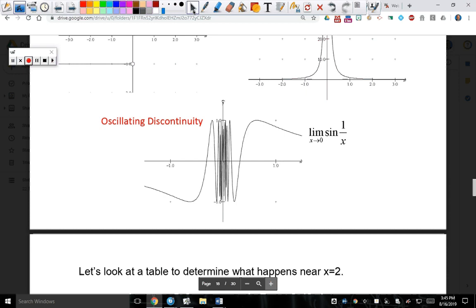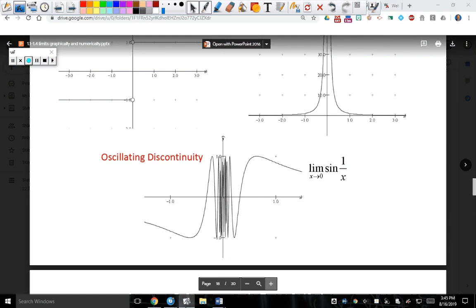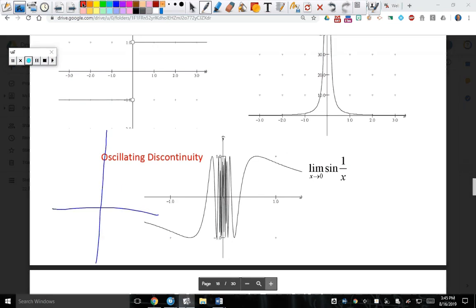It won't stop. Infinitely means it won't stop. So this is why the answer on this would be does not exist. This is the same as an infinite discontinuity that could look like this. You with me? They're infinitely away from each other, because it will never actually hit. Alright?